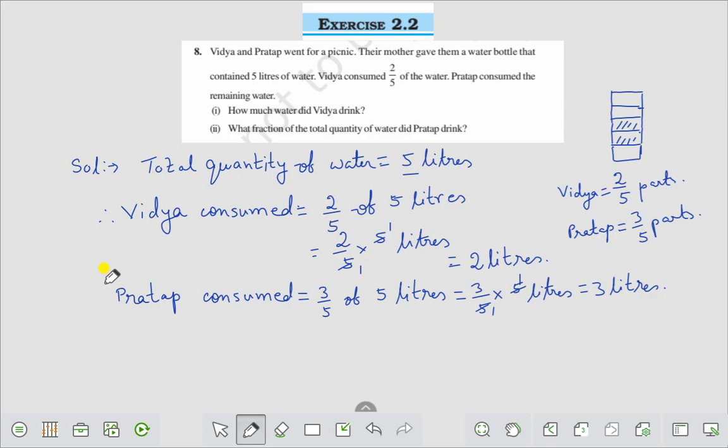This is question number 1. How much water did Vidya drink? That is 2 liters. Vidya consumed 2 liters of water. And this is question number 2. What fraction of the total quantity of water did Pratap drink?